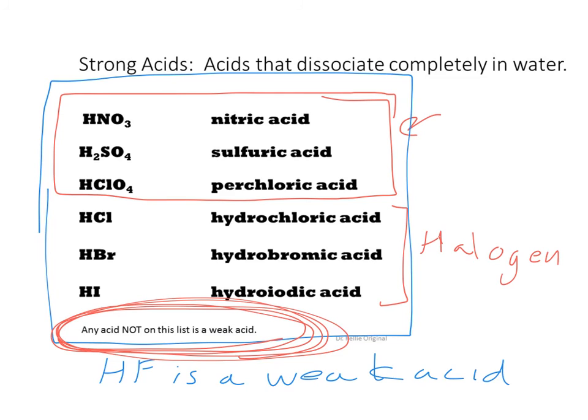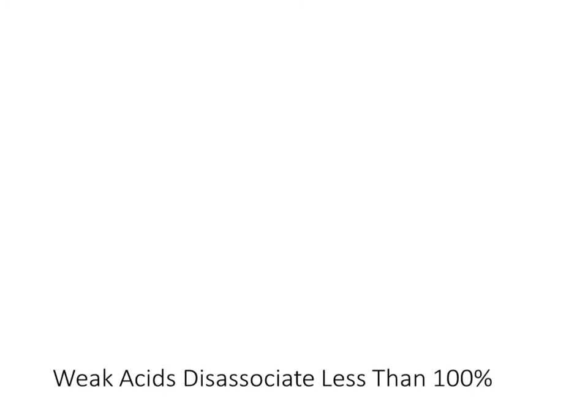So what is a weak acid? Weak acids are acids that dissociate less than 100%. Not only that, all weak acids exist in a state of what's known as equilibrium. Let's take a look at the weak acid hydrofluoric acid.